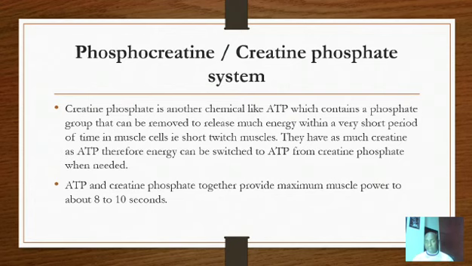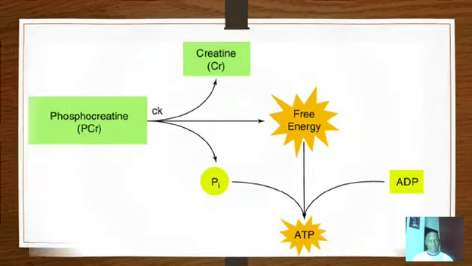However, just like we said, ATP and phosphocreatine collectively provide maximum muscle energy. They provide maximum energy to the muscles just within seconds, 8 to 10 seconds.